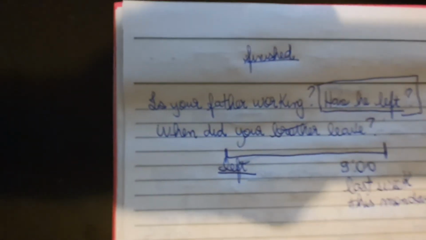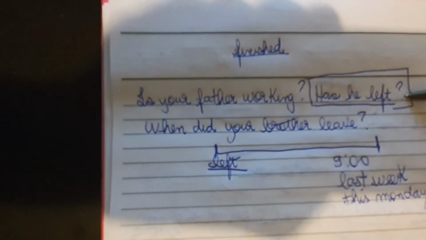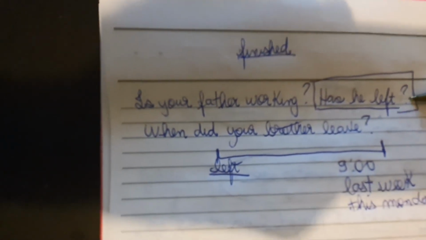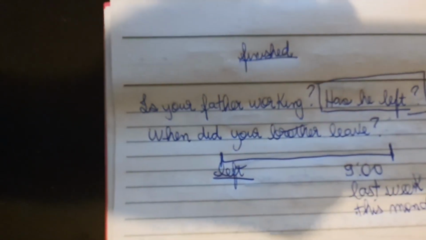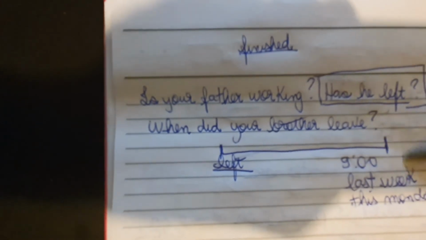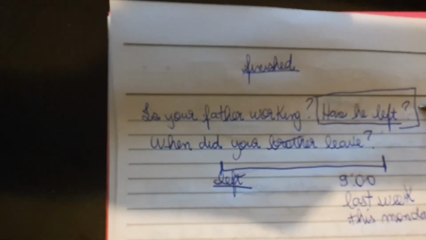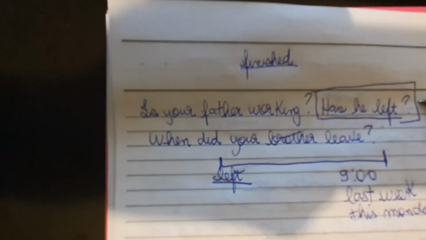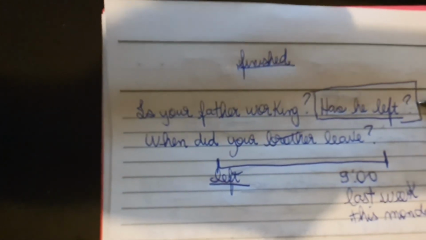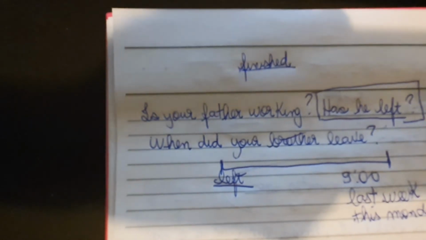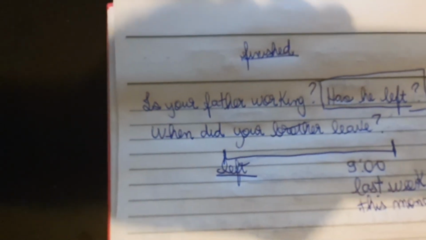So complete action, finished. I know he left, finished action. Here, we have a doubt, right? It's an unfinished action. I want to know whether he left or not, okay?